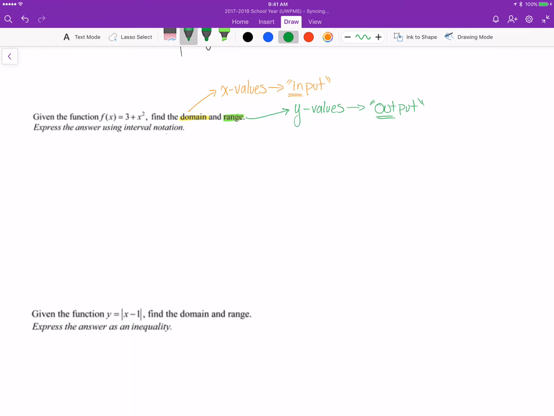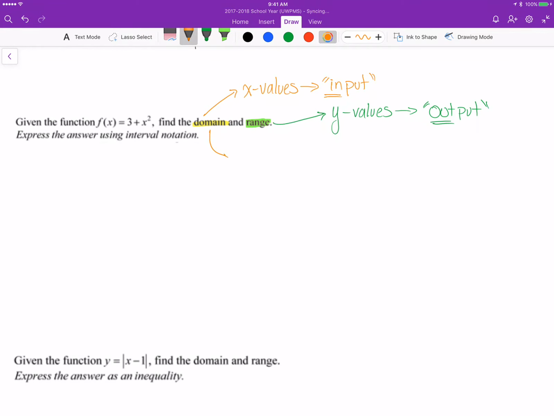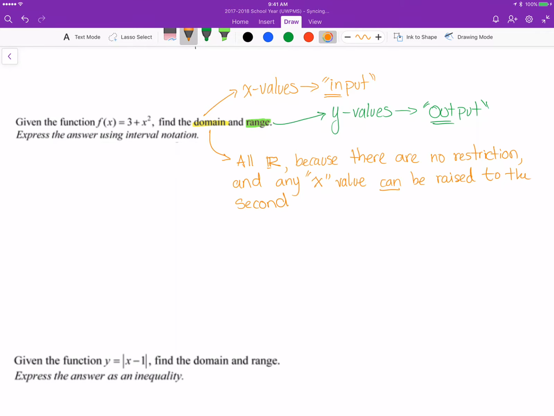Now, this one is very similar. The domain can be all real numbers, because there are no restrictions, in any x value can be raised to the second power.